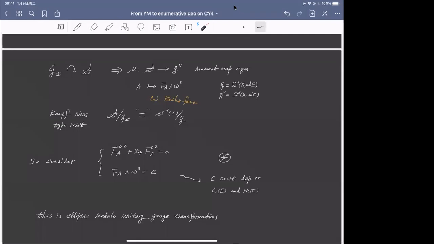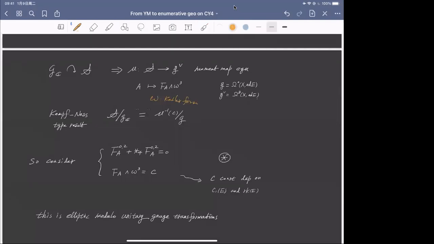So instead we consider, still the first equation is the complex anti-self-dual equation, but now we add a second equation: F_A, this curvature, wedge the third power of the Kähler form, equals some constant. Then we can mod out the unitary gauge transformations, which preserve the star 4 operator.